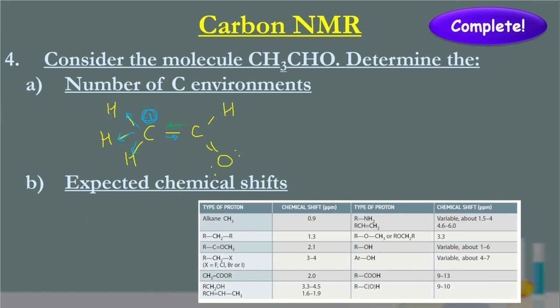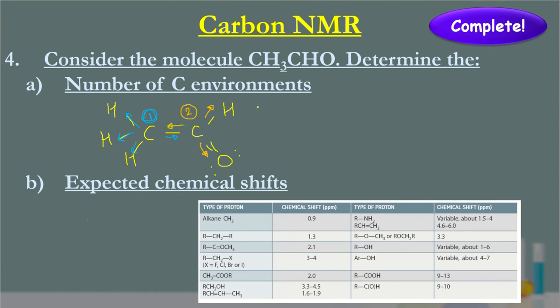So far, similar to our first one, carbon to carbon, carbon to hydrogen. But this carbon is also bonded to an oxygen. So it's bonded to something that's different to what carbon 1 is. So this is actually the second carbon environment.